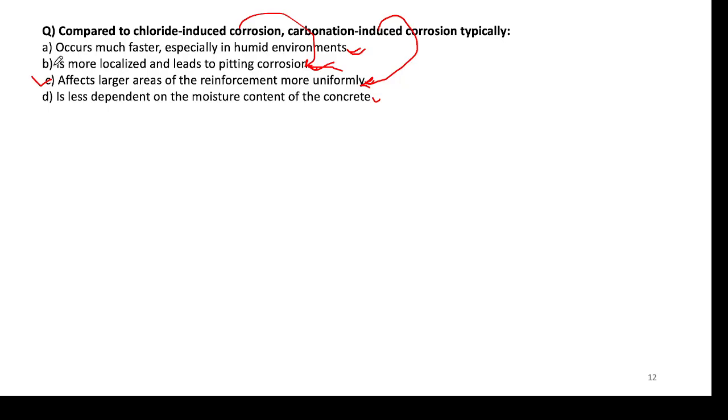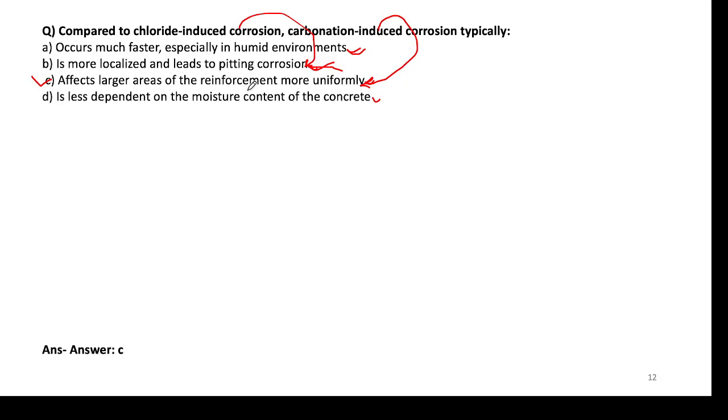However, some people may say that occurring much faster, especially in humid environment, can also be correct. Yes, carbonation-induced corrosion may be faster, typically in humid environment, because now the resistivity of concrete is less. That can lead to an increase in the corrosion rate of the system. However, in a general sense, because we are comparing two phenomena here, chloride-induced and carbonation-induced corrosion, option C is more preferably correct.